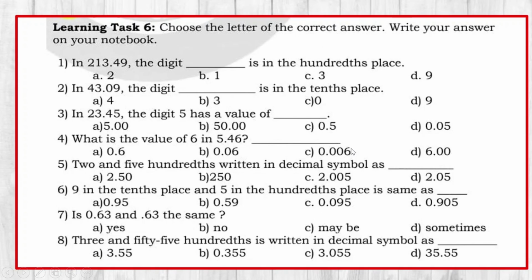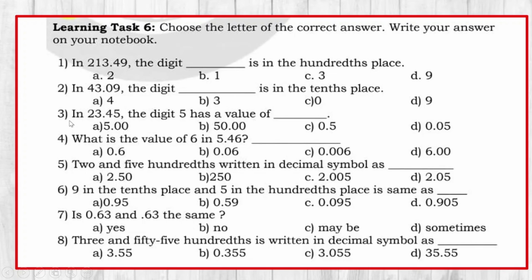Then next, Learning Task 6. Choose the letter of the correct answer. Write your answer on your notebook. Number 1: In 213.49, the digit blank is in the hundreds place. Alin dyan yung nasa hundreds place? Pipiliin nyo lamang po ang sagot. Hundreds, walang TH. Okay? Then number 2. In 43.09, the digit blank is in the tenths place. Ano naman daw po yung nasa tenths place?